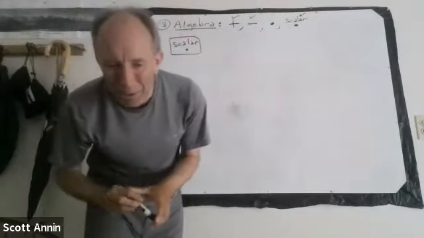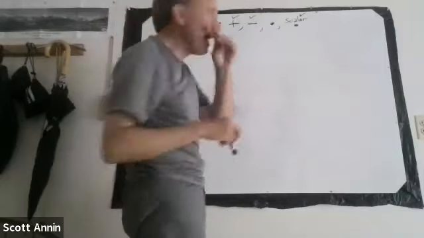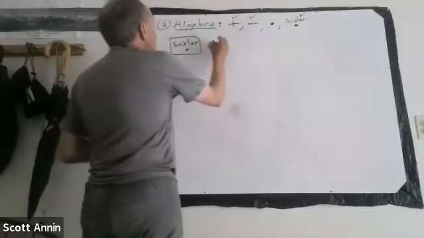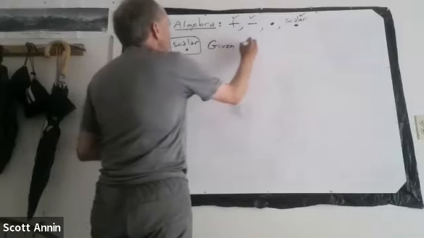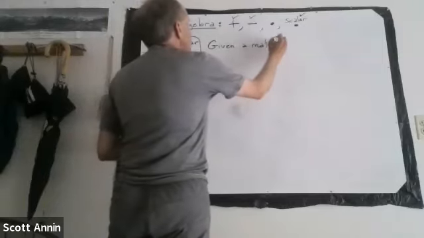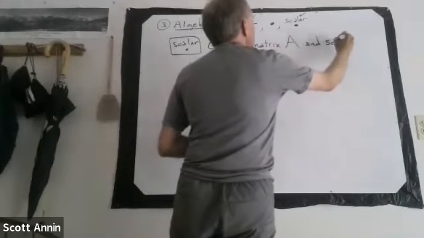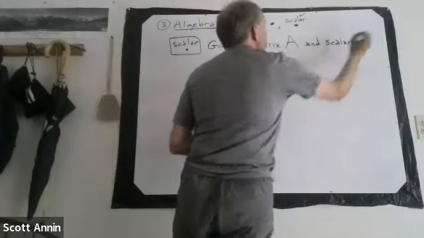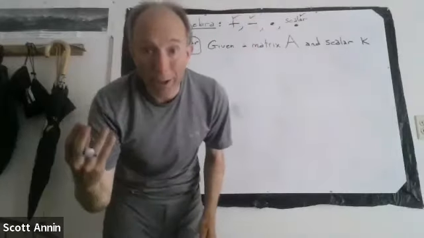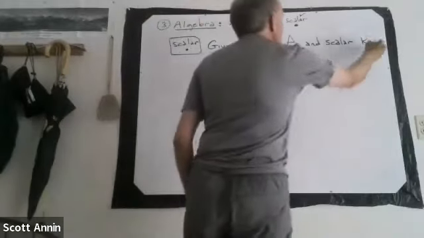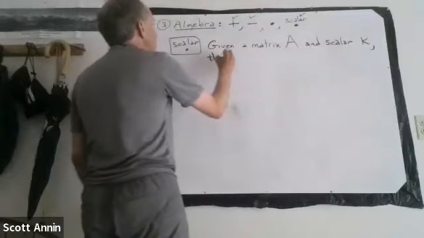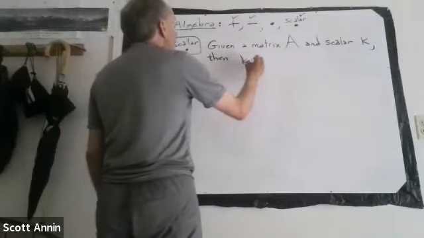So here the idea is given a matrix capital A and a scalar, which I'm going to call K. So a scalar just means a number, right? Then we can form K times A.